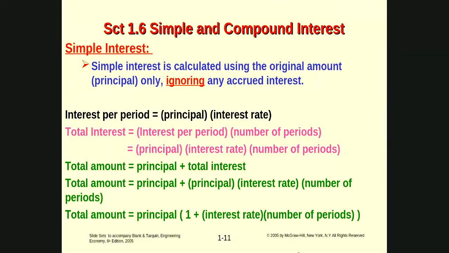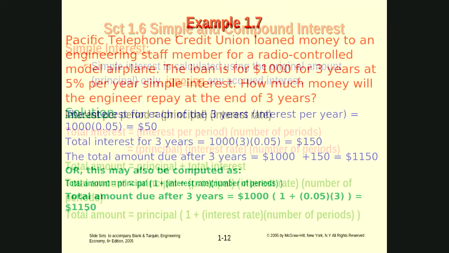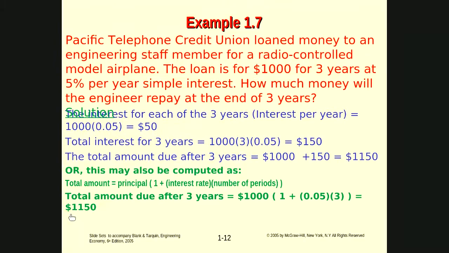If you apply this formula, you get $1,105 as a total. So the $1,000 after 3 years was 1,150.